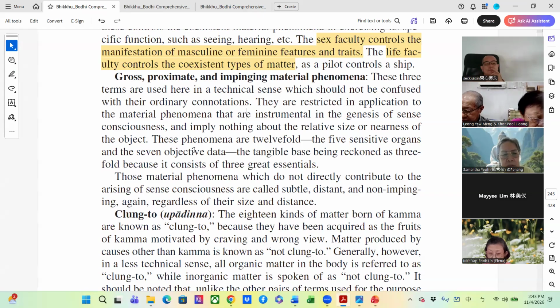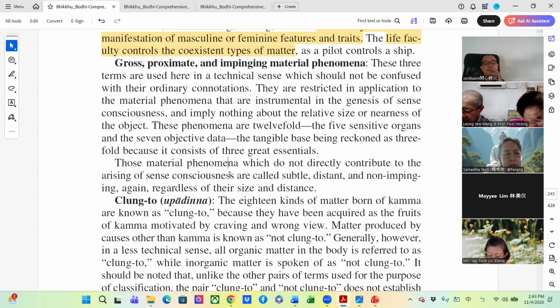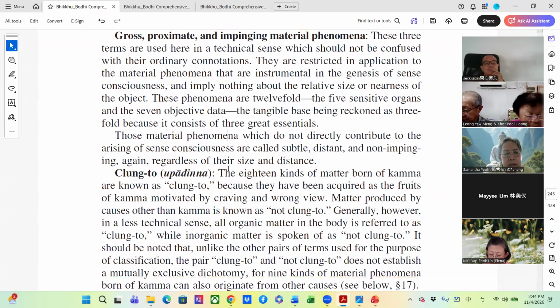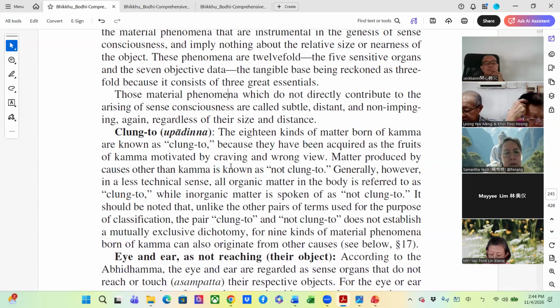Those material phenomena which do not directly contribute to the arising of sense consciousness are called subtle, distant, and non-impinging, again, regardless of their size and distance. The 18 kinds of matter born of karma are known as clung to because they have been acquired as the fruits of karma motivated by craving and wrong view.